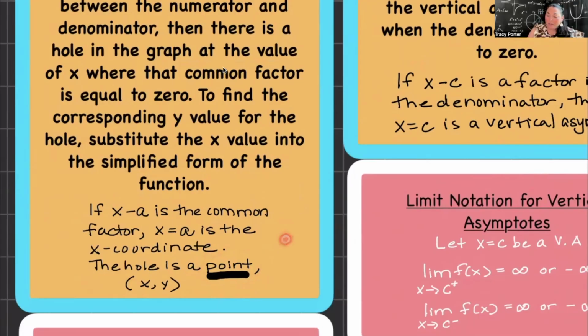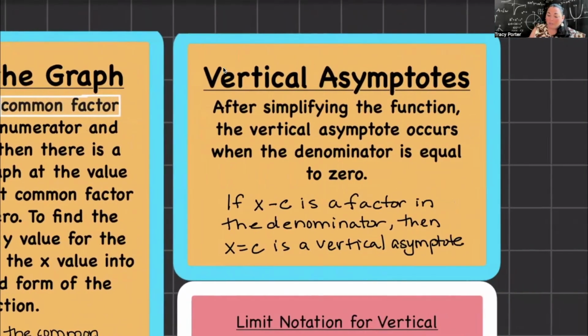Okay, now the vertical asymptote. After you have canceled out any common factors, which means your rational function is simplified, if you still have a denominator, wherever that denominator is equal to zero, you're going to have a vertical asymptote at that value, x equals whatever that value is. So in this case, x equals c.